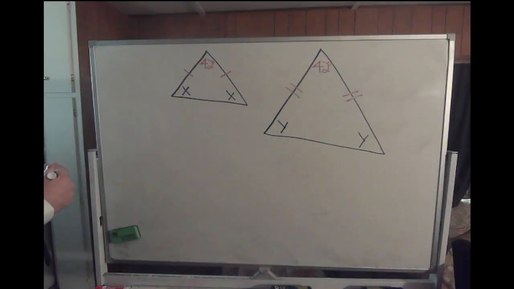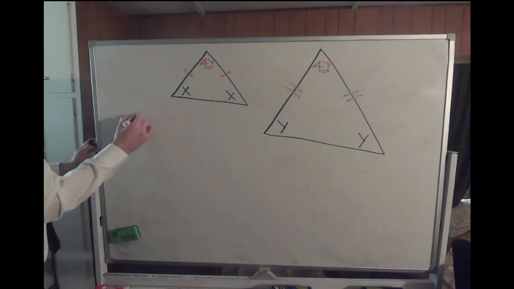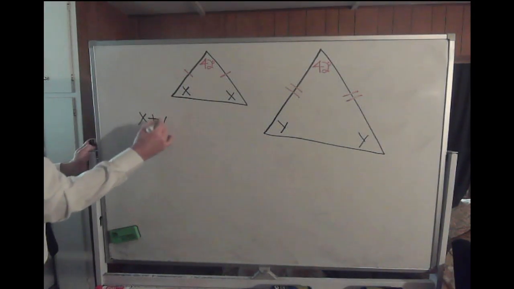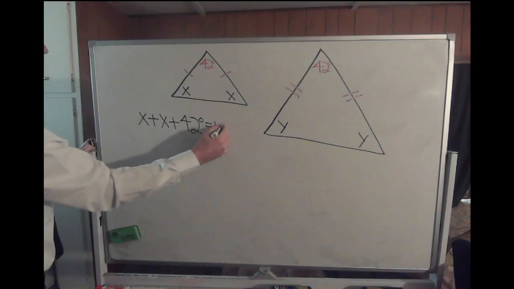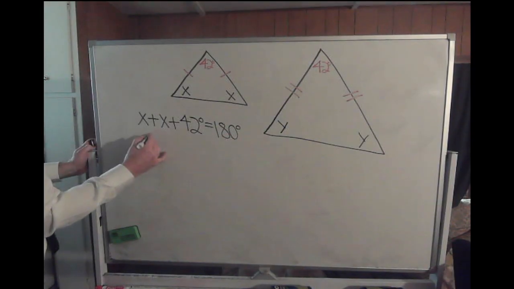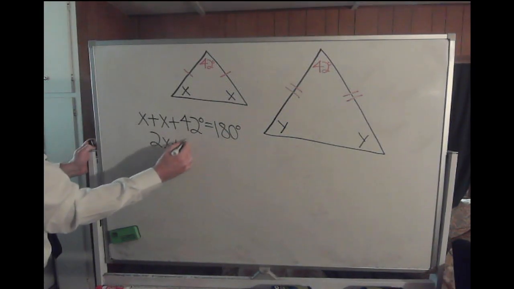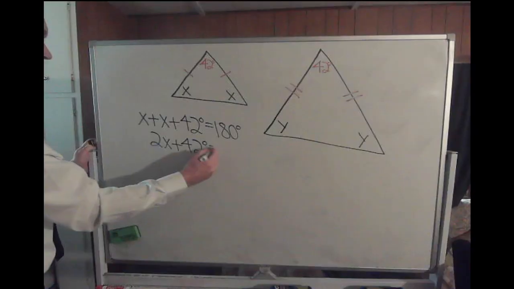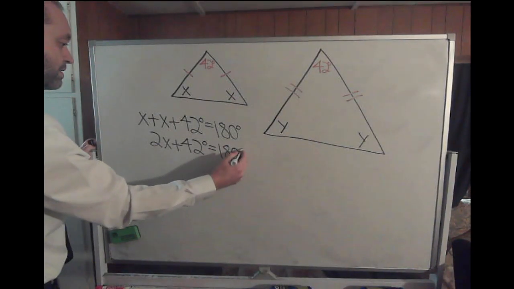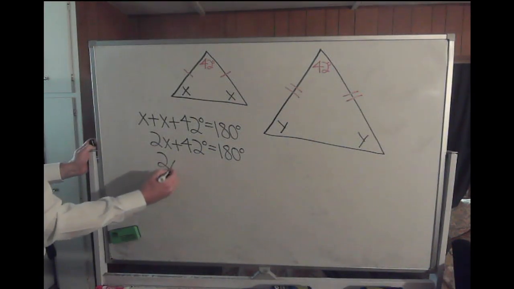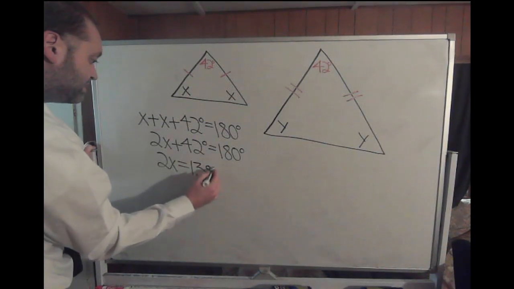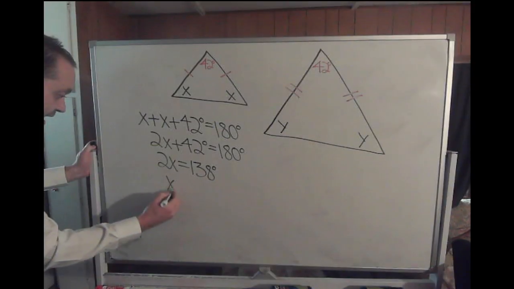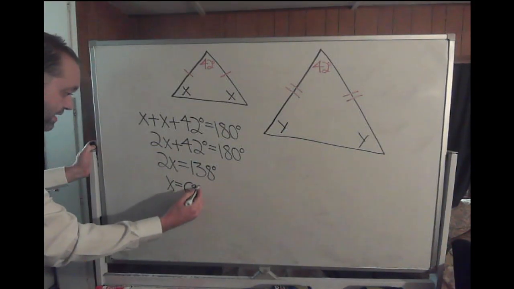Now, what we have to do here, we need to find the measure of x. So we'll take x plus x plus 42 degrees, set that equal to 180 degrees, which would then give you that 2x plus 42 equals 180 degrees, which would then give you the fact that 2x is equal to 138 degrees, which could only mean then that x equals 69 degrees.